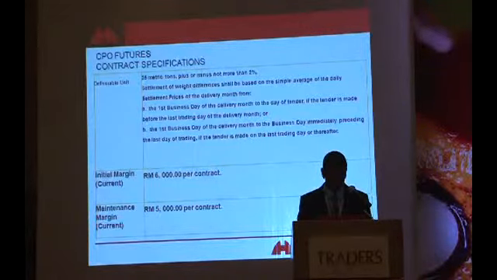This is a small figure compared to the full value that you actually should have if you are buying 25 metric tons at the price of, say, 2,350 ringgit per metric ton right now. For 25 metric tons you should have 58,750 ringgit. So instead of putting a full amount of 58,750 ringgit, you can buy a futures contract.